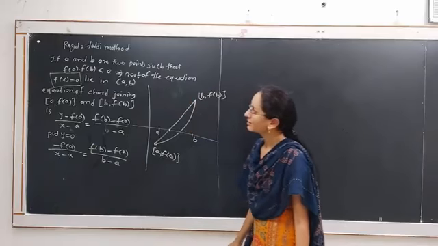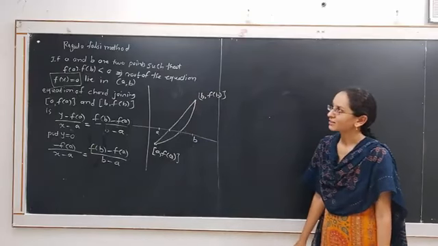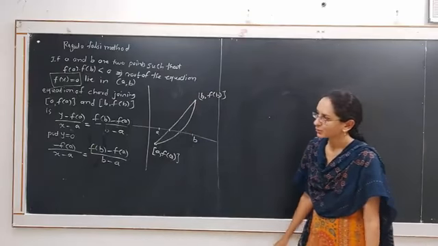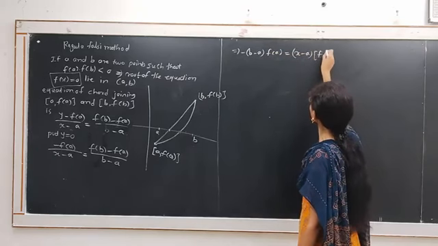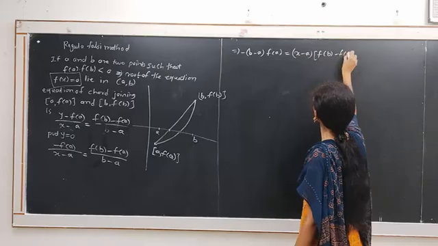In regula falsi, we require a formula to find the value of x using this equation. Let us solve it for x. Taking the cross product of both sides, we get b minus a into minus f of a equal to x minus a into f of b minus f of a.